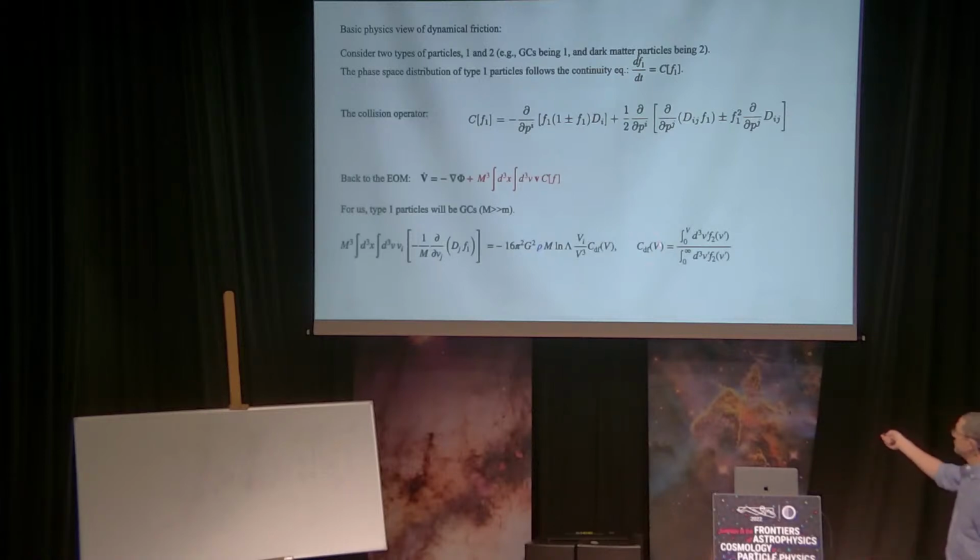And what does this C do? This C integrates over the local phase space of my target scatterers, and it counts how many target particles I have that are slower than me. The velocity of this globular cluster is V, and I'm counting the fraction of target particles that are slower than the globular cluster in the local rest frame of this object, compared to the total number of particles.